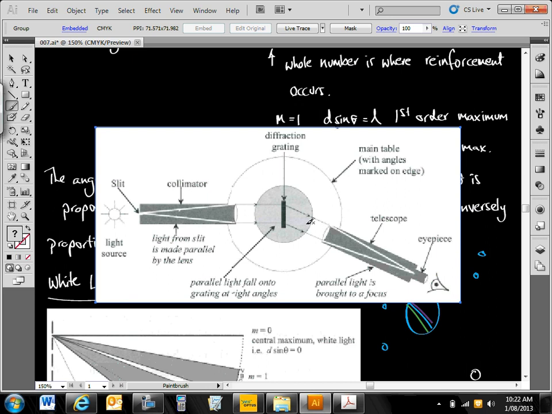So what we can do is, of course, the straight through, if we had the telescope around here, parallel to the center line of the collimator, straight through, we would see what? Looking through the eyepiece. Yes, we would see a central maximum.